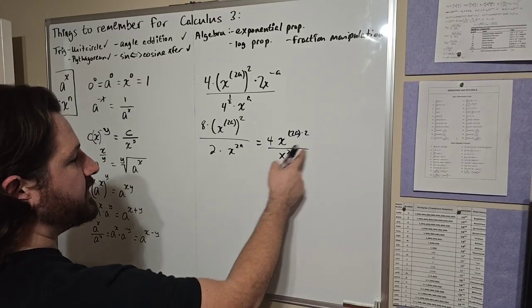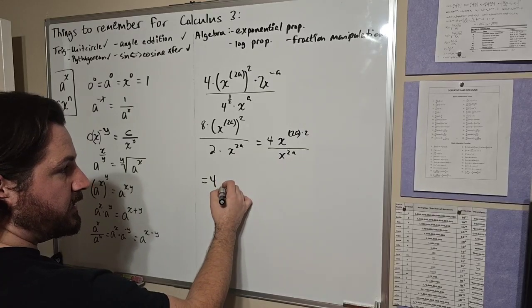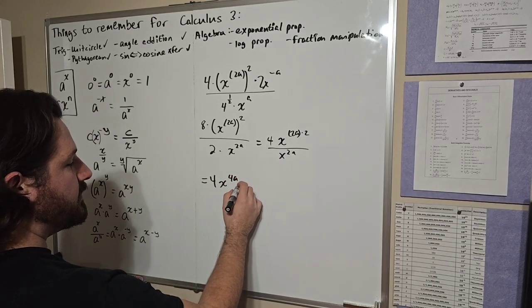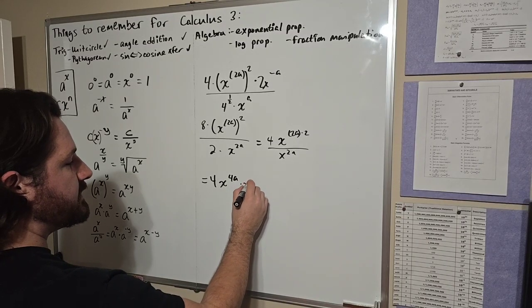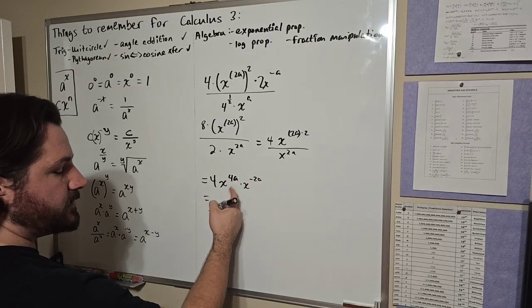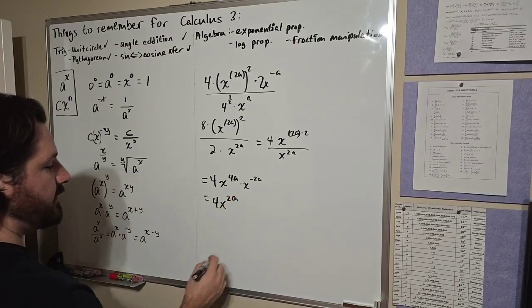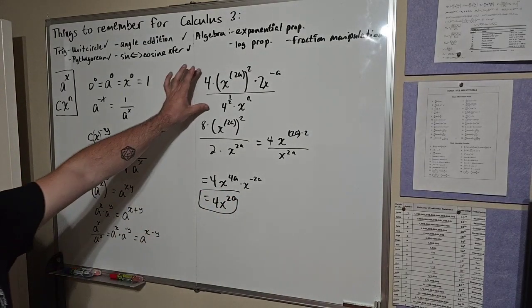Well, let's go ahead and bring this guy up and then do this multiplication at the same time. So we have equals 4, and then we're going to have x to the 4a times x to the negative 2a, which we know we can just use our subtraction of exponents on now, and we get 4 x to the 2a. There you go. Something pretty gnarly.